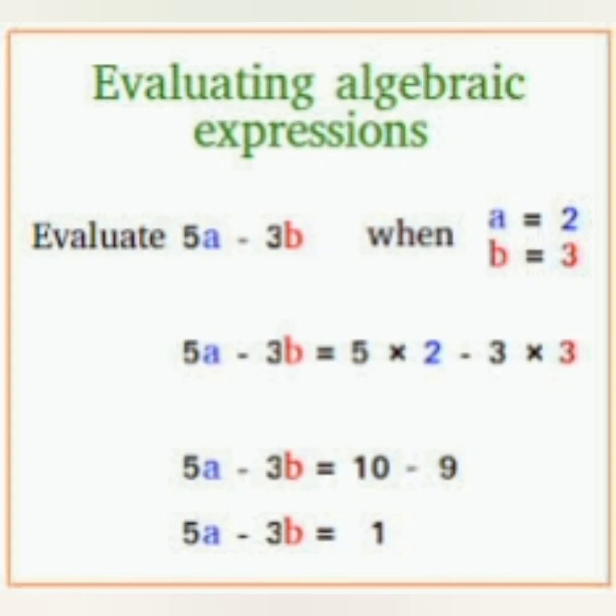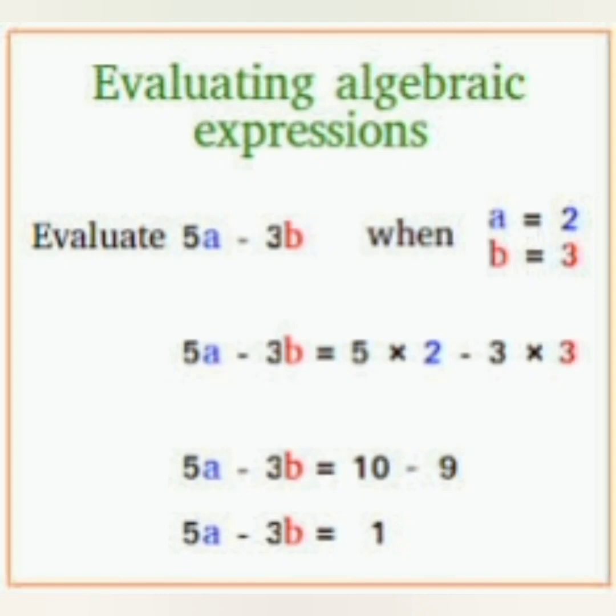Now what this means is wherever we see a, we are writing 2. Wherever we see b, we are writing 3. Now 5a is 5 times a. 3b is 3 times b. The operation that exists between 5 and a is multiplication. So a is 2, we are multiplying like you have it there. You have 10. 3 times 3, you have 9.